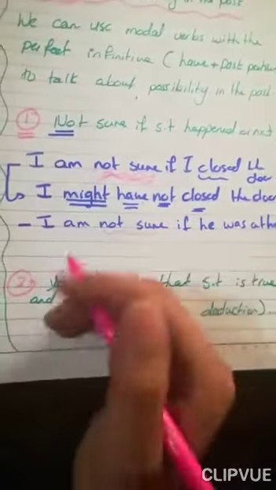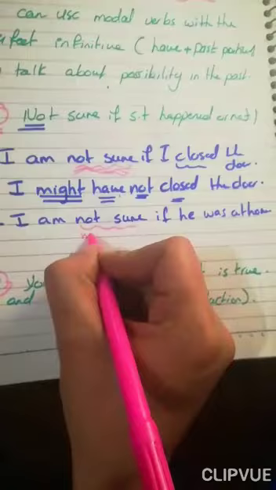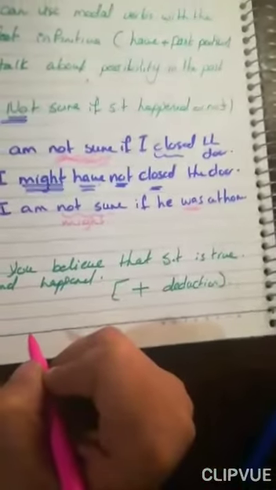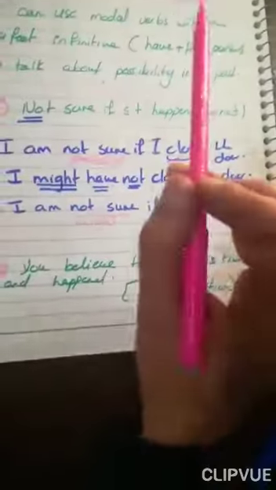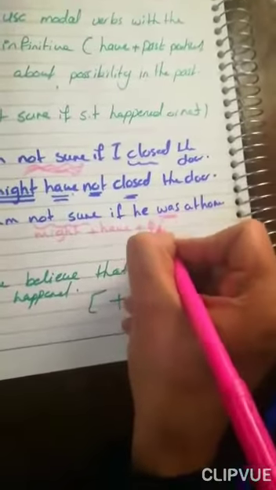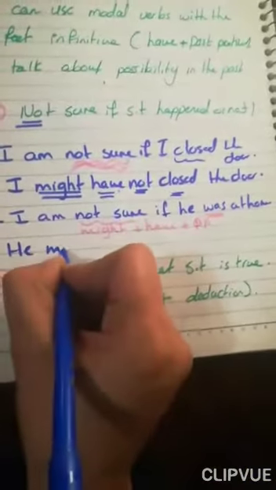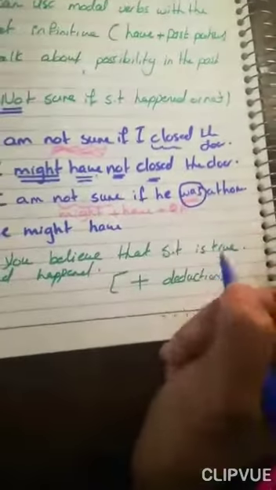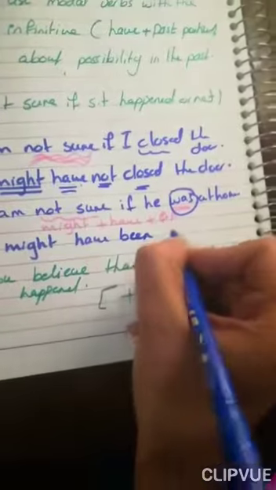You can use could or might, but mostly we use might. Since was is in the past, I'm going to use modals of possibility in the past, which means have and then the past participle. So: He might have been at home.